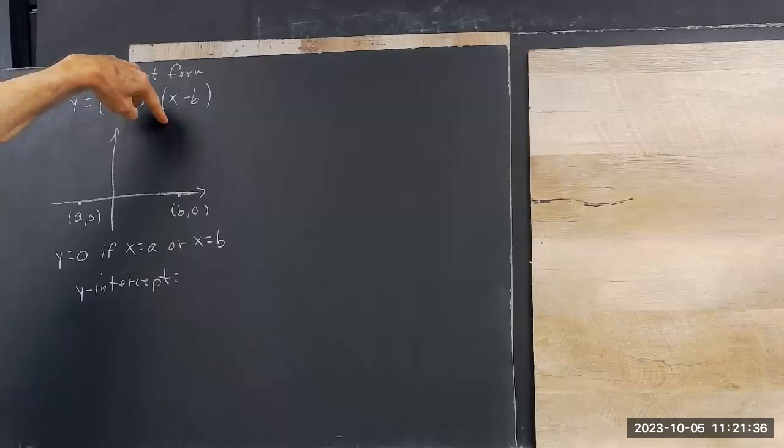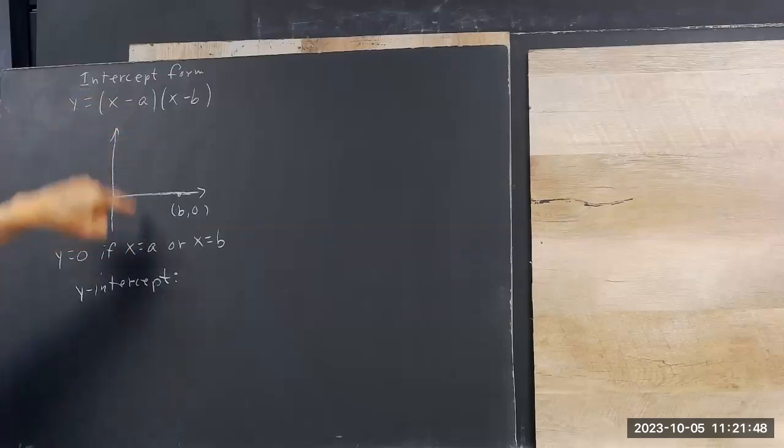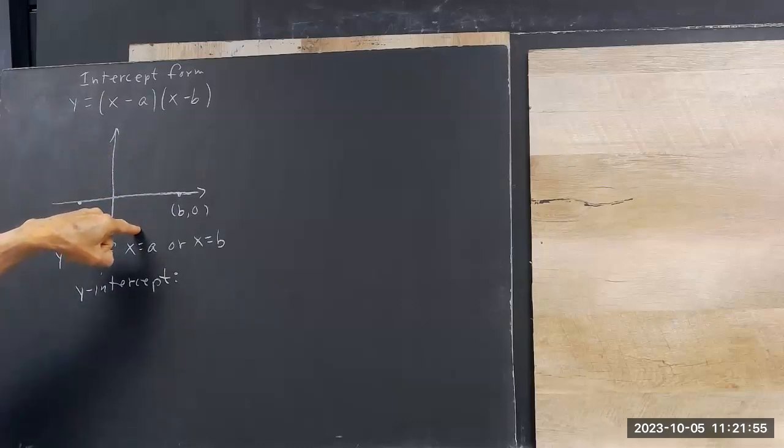Just positive or negative. Okay, what about here? The vertical line through this point is going to be here, and that's positive, isn't it? Which coordinate is negative? The y-coordinate's negative here, right?